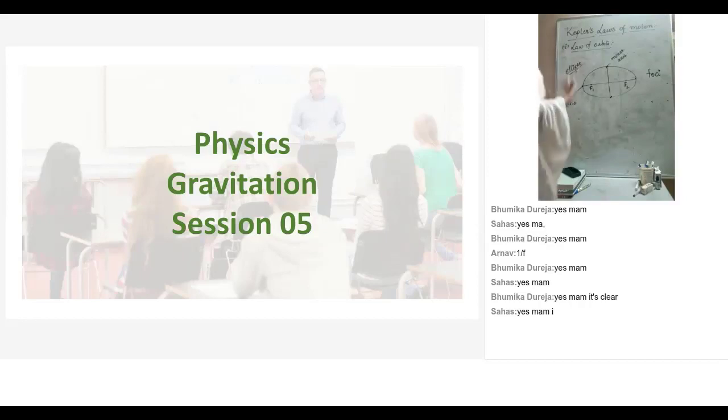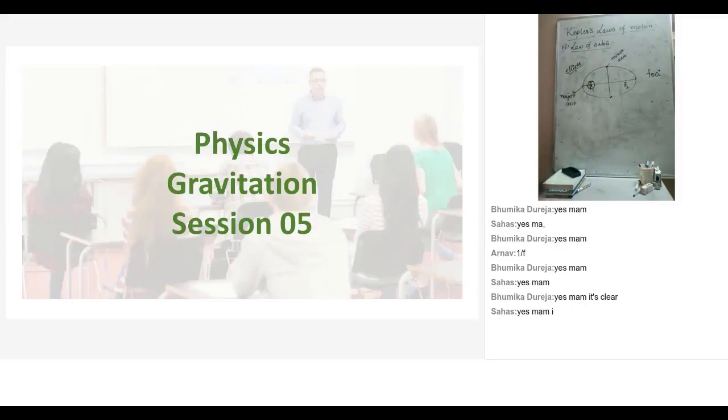And where is the position of the sun? The sun will be at one of its foci. So every planet revolves in an elliptical orbit around the sun, with the sun at one of its foci.